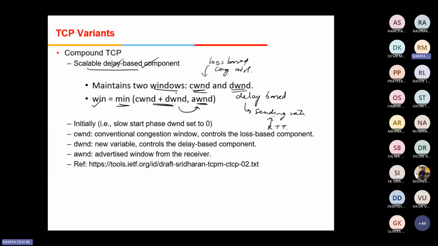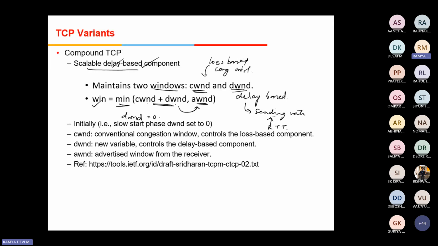So it ensures the sender does not exceed the receiver's buffer capacity. During the slow start phase, the delay-based window size is initialized to 0, to maintain compatibility with standard loss-based TCP. So it will stabilize the connection.